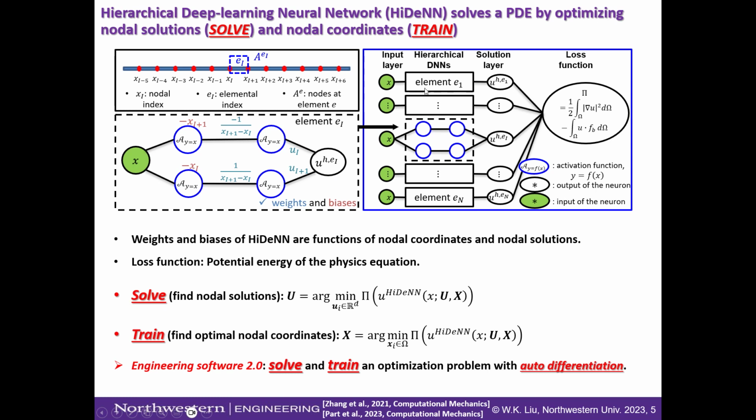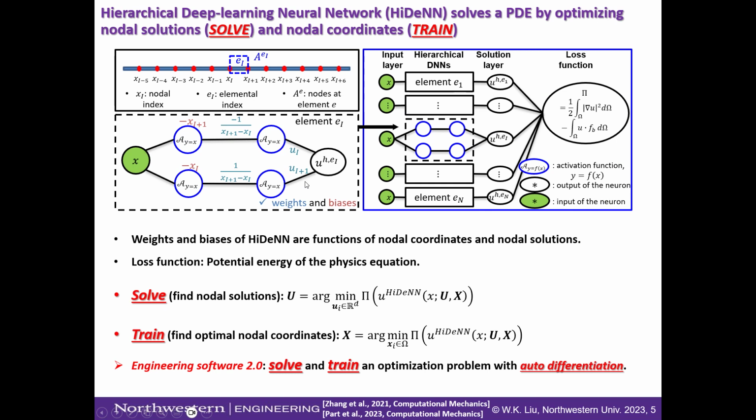After this, we construct a loss function. Instead of the standard mean square error, our loss function is constructed from the weak form. So this is the potential energy of the physical system. After having this neural network structure, what we train are the nodal coordinates and nodal variables.